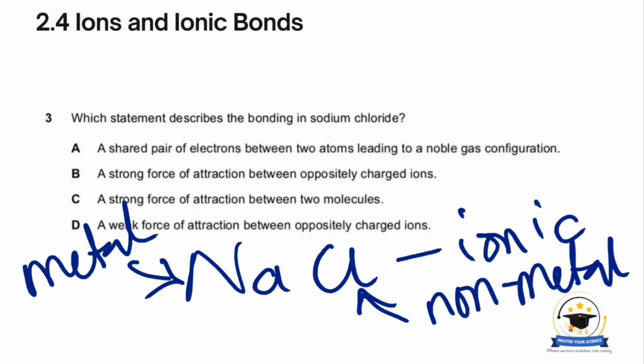As a general rule, this doesn't strictly apply everywhere, because we've got compounds such as ammonium chloride, which is ionic but is made up of non-metals. But as a general rule, ionic compounds form between metallic elements and non-metallic elements, because generally metals prefer to lose electrons.